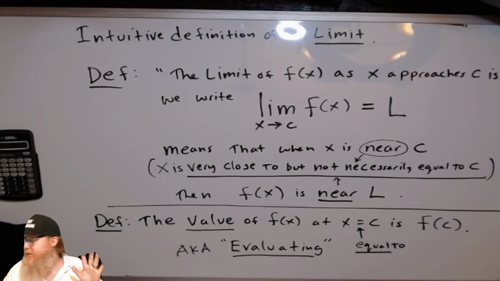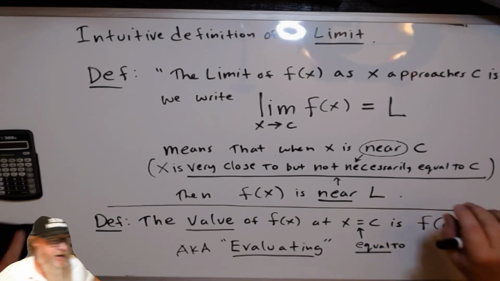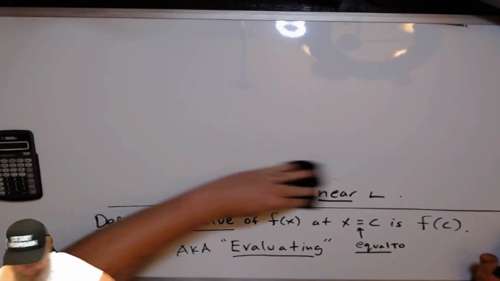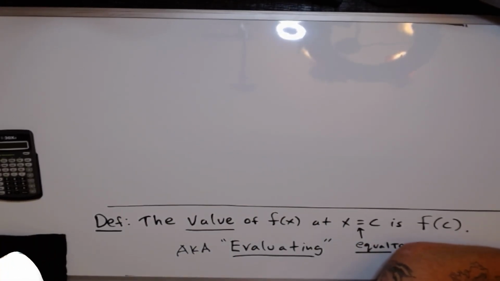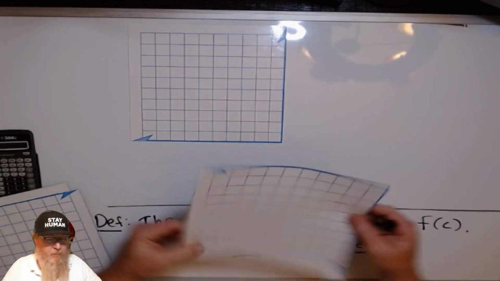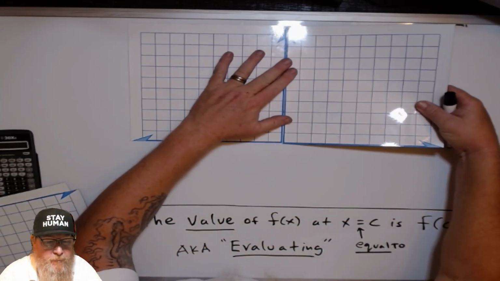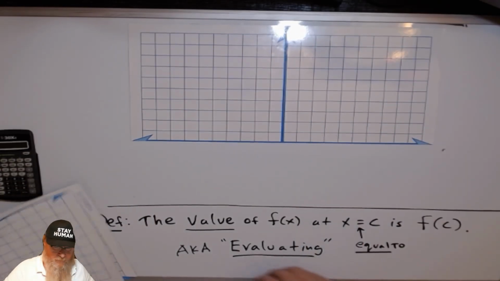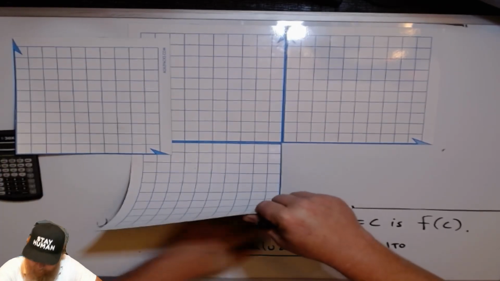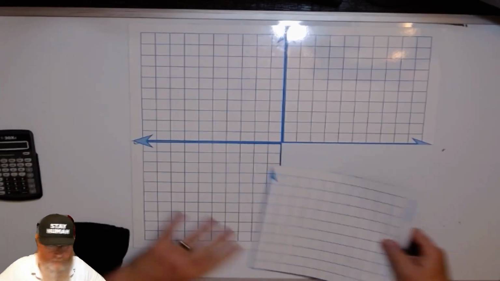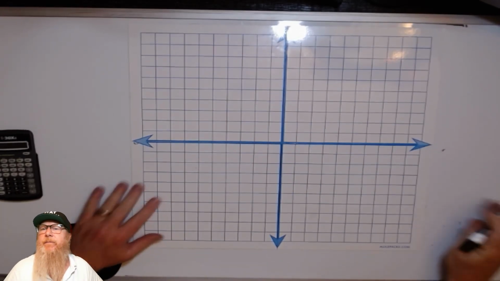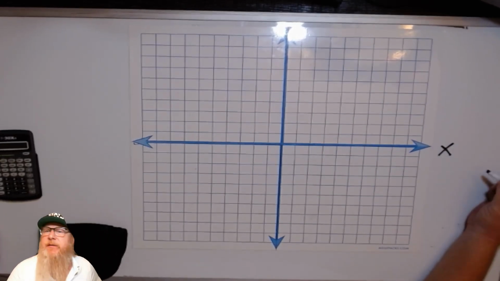All right. It's best demonstrated using a diagram. So we've got x, and then we've got y.